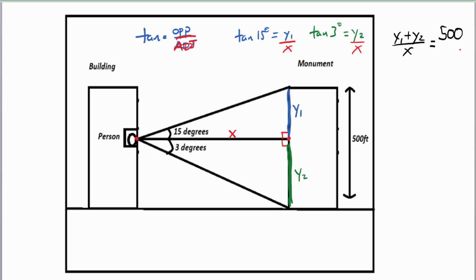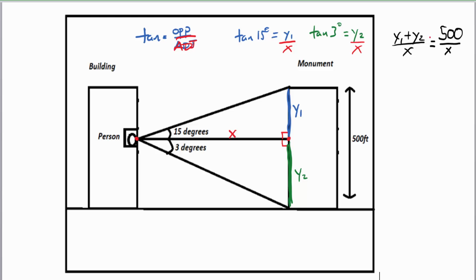500, okay? And I can set this left side and right side equal to each other, as long as I have common denominators. I see I have this x down here, so the numerator, y sub 1 plus y sub 2, is 500, and x is equal to x.